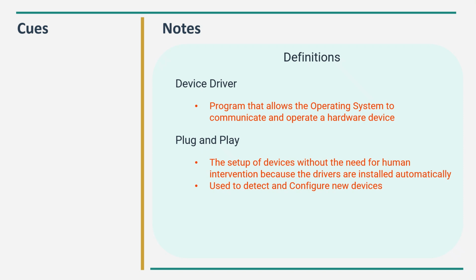Or plug and play is used to detect and configure new devices. Hot swappable means that devices can be swapped while the computer is turned on. Please make sure that you remember these definitions and that you can write them down when these questions are asked.